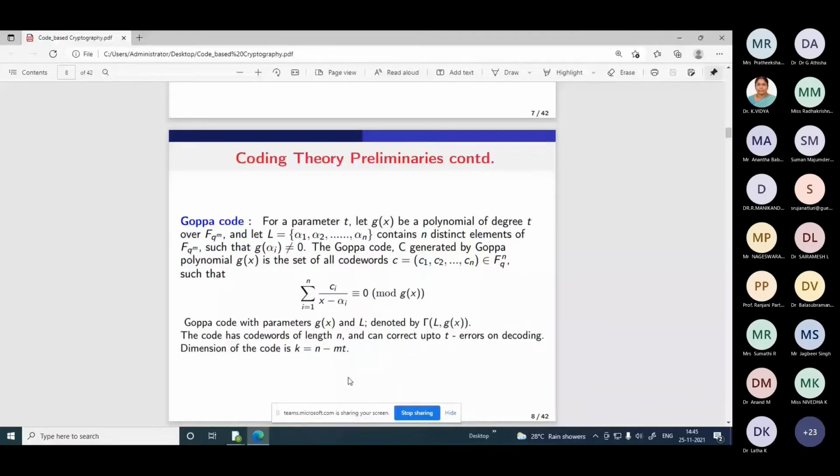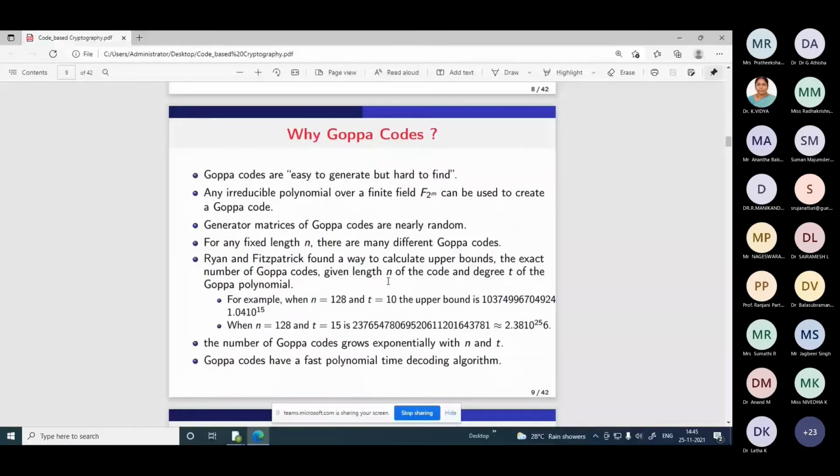We are choosing a polynomial, a set alpha and a set L. With that, we can generate the Goppa code. So it is easy to generate, but hard to find. What is meant by hard to find? We can see, right? An irreducible polynomial over a finite field.